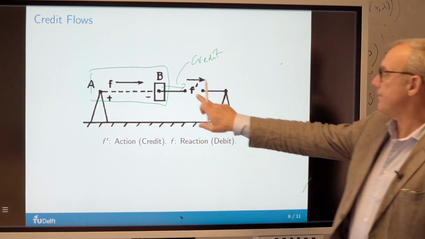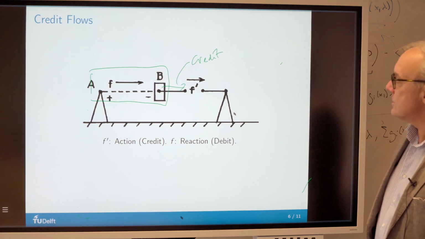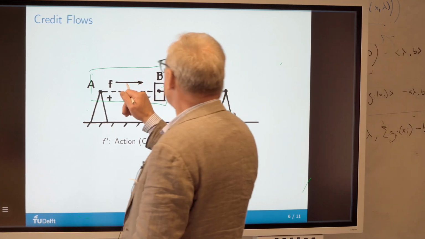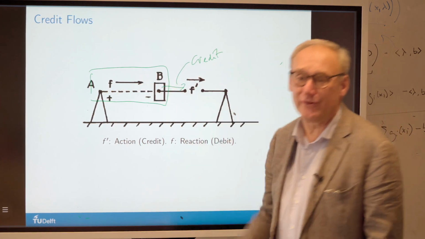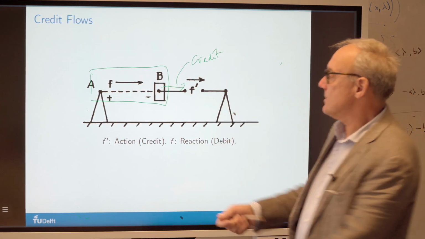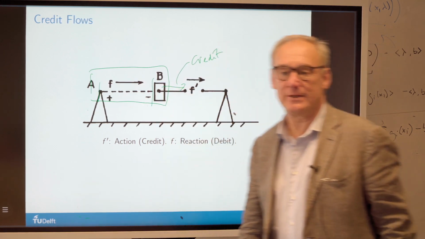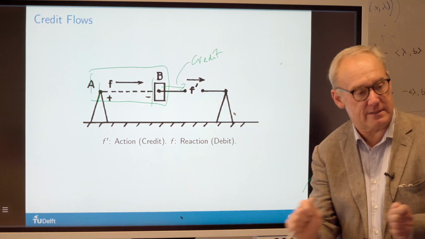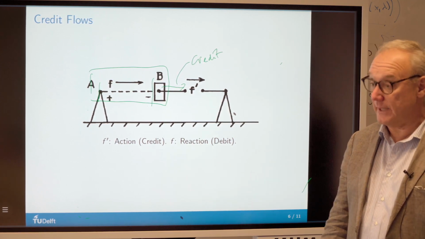This is F prime. That then gives rise to a reaction force in this direction, because that force is going to flow through to there. Right? That's going to extend this distance here. Okay? So it's going to make this distance bigger, right? And the rate at which this becomes different is bigger.